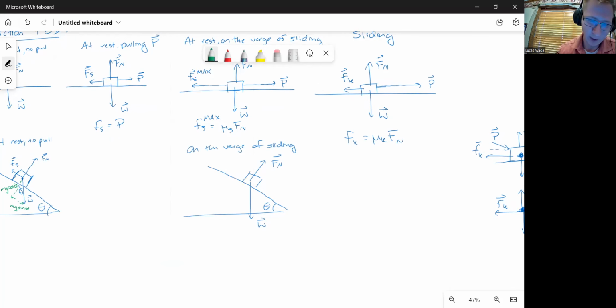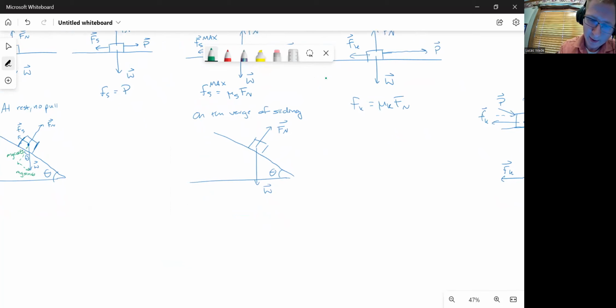You notice I drew my weight vector a little bit bigger here. This is a heavier block. It has a larger component acting both, draw that a little straighter, both perpendicular and parallel to the ramp. But the part that's going to pull it down the ramp is that parallel component, the mg sine theta component.